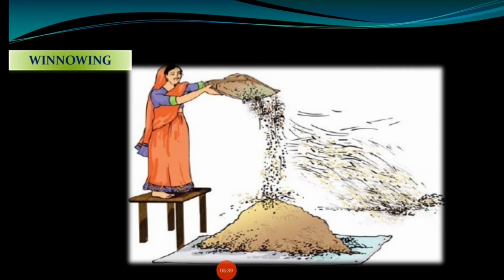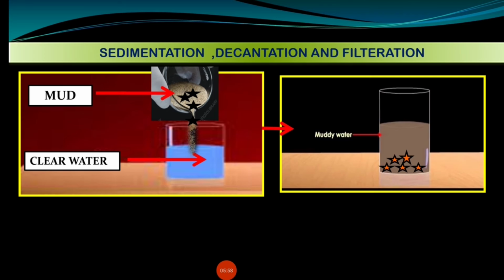The wind blows away the light components while the heavier grains fall down to form a heap. In the manual method of winnowing, the farmers drop the mixture of wheat and husk from a height.